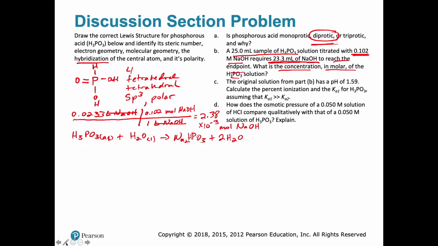I'm sorry. Let me fix that. This is supposed to be sodium hydroxide right here. My bad. There we go. Sorry. Good call. And there's 2 of those, and that's also aq. There we go. Okay, now that should be the correct balanced equation.